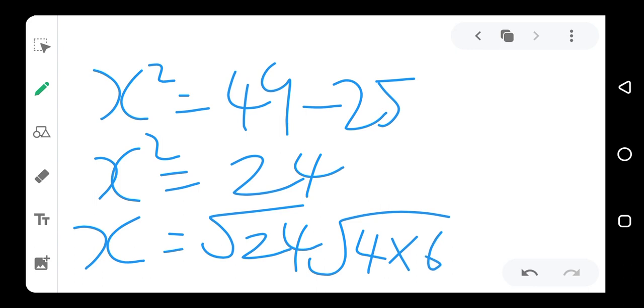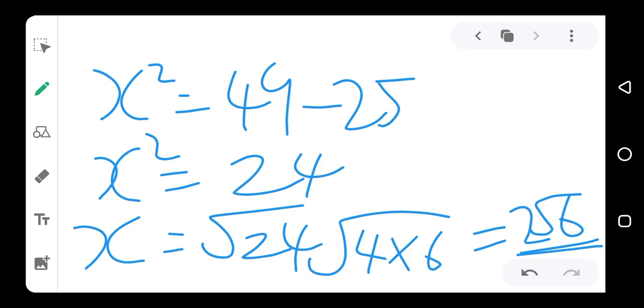Okay, if you say 4 times 6, yes, that is going to give us 2 root 6. So we have 2 root 6.